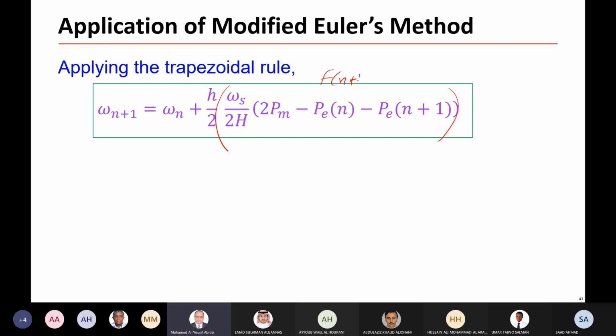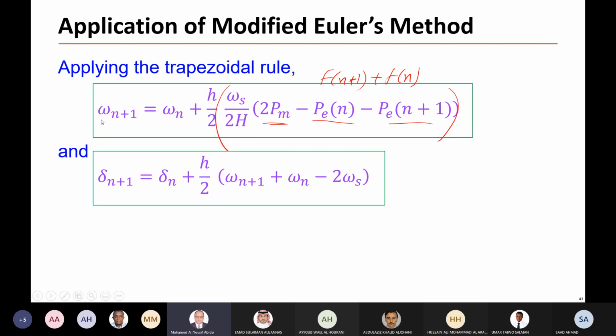You have here 2 Pm minus Pe of n minus Pe of n plus 1. And of course, you can write the same for delta. Delta n plus 1 equal to delta n plus h over 2 multiplied by f of n plus 1 plus f of n, which is omega n plus 1 plus omega n minus 2 omega s.